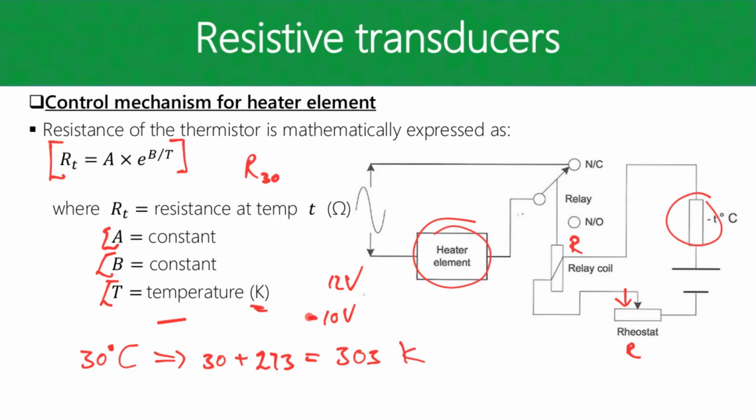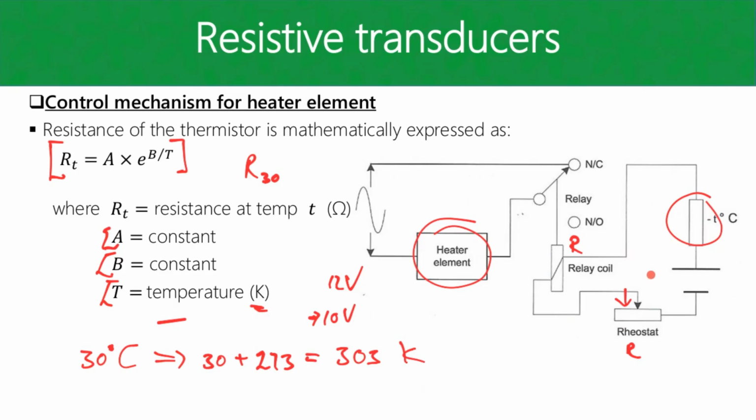That will be the minimum voltage you need for that coil to be switched on. Any voltage lower than 10 volts is not going to cause a strong enough current to flow through that coil to have it triggered. That's very important to keep in mind. That's essentially what the rheostat does: you're adjusting the amount of voltage that will be present across the relay coil.